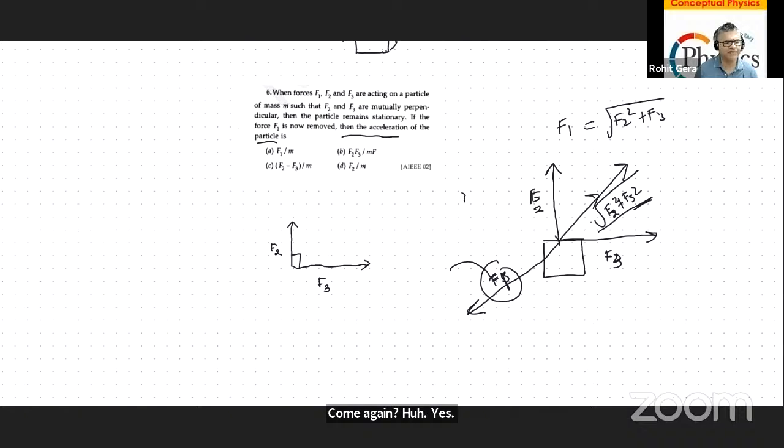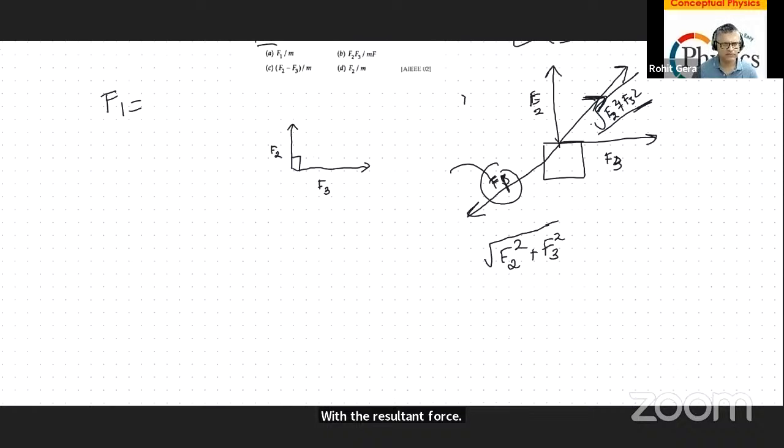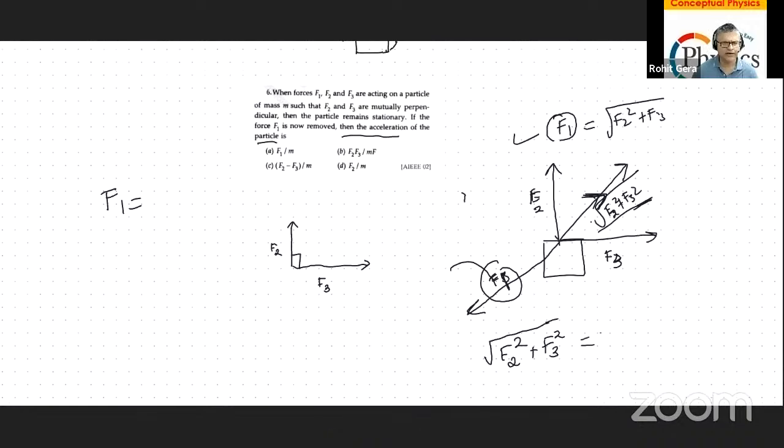If the force F1 is now removed. So this was a situation where F1 is equal to, yeah, we have written that. Now F1 is taken off, which means we will allow this body to travel with the resultant force. Correct.